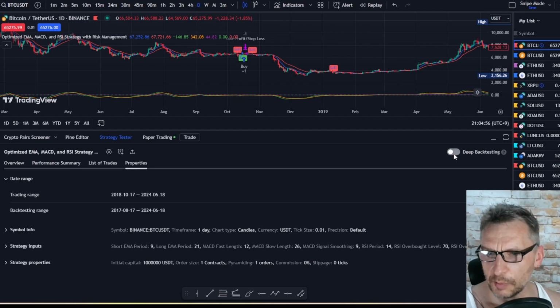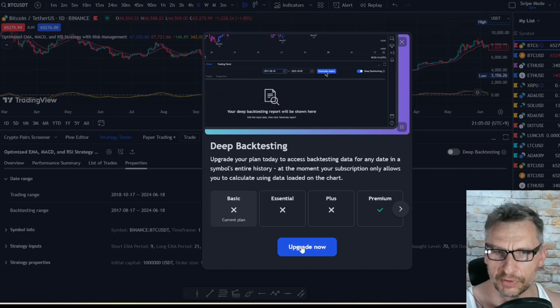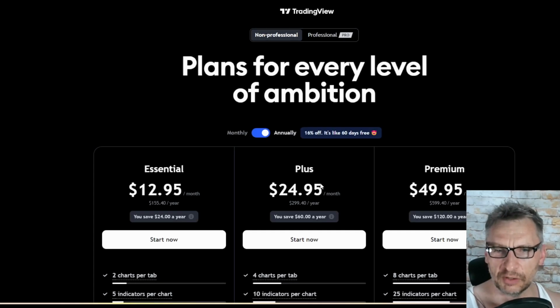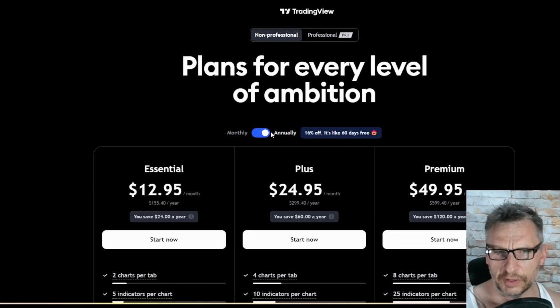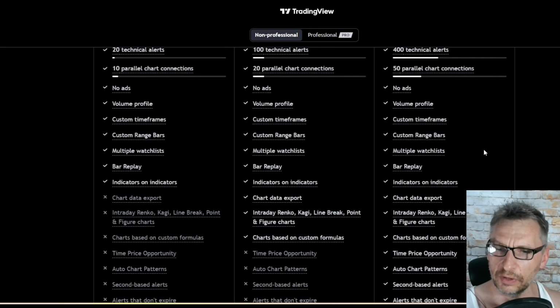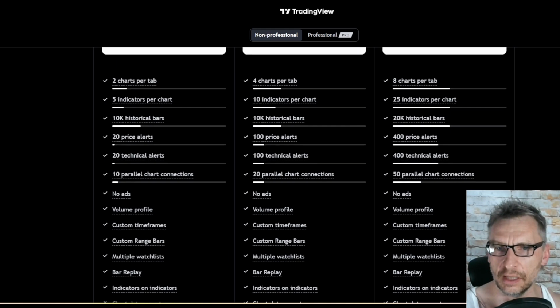Anyway, there's also an option for deep backtesting, but in order to get that, you need to have a premium membership. You could upgrade to premium membership, which is $49 per month. If you do it annually, you get 16% off. It's like 60 days free. And also, if you register with the ref link below, you save yourself $15.